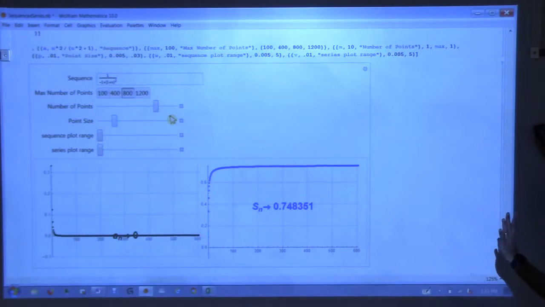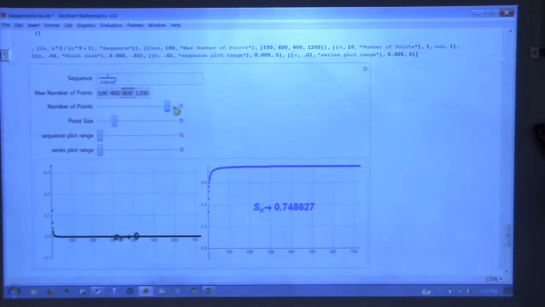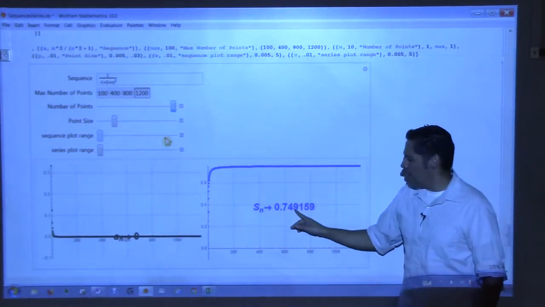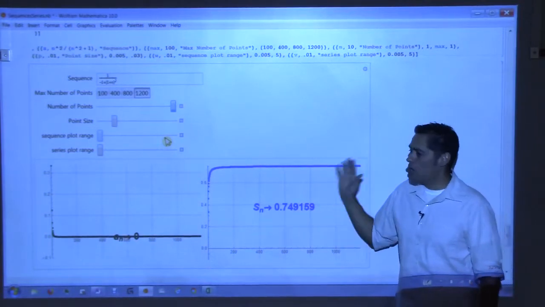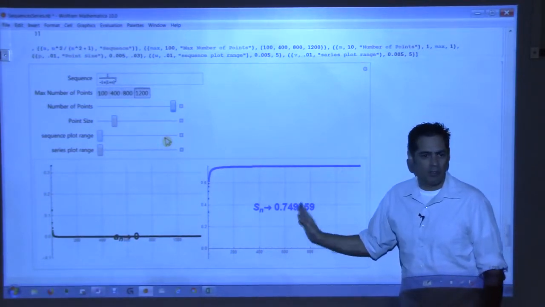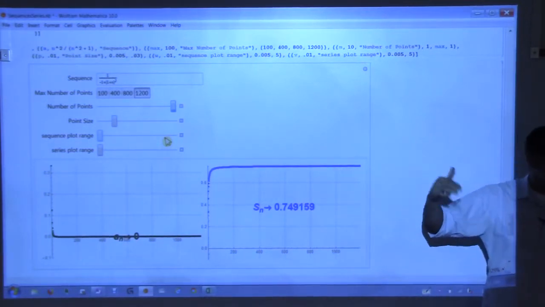We got 1,200 terms. 0.749. So if we keep going, this is going to get closer and closer, and it's going to converge to 3/4, 0.75.